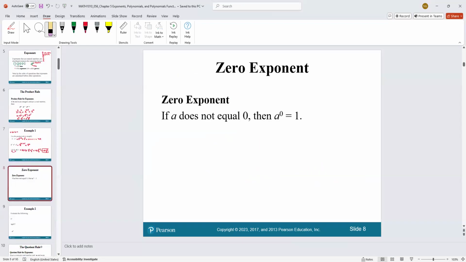Zero exponents. We would say the definition of a power n does not include the possibility that n might be zero.